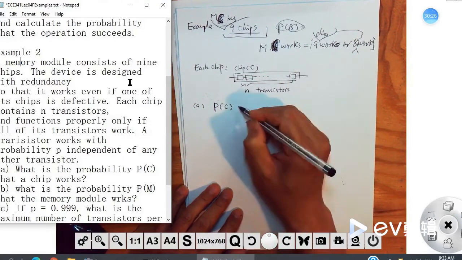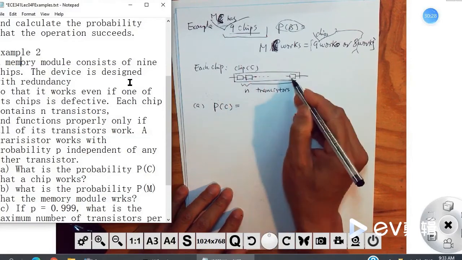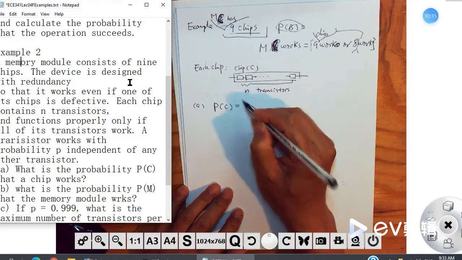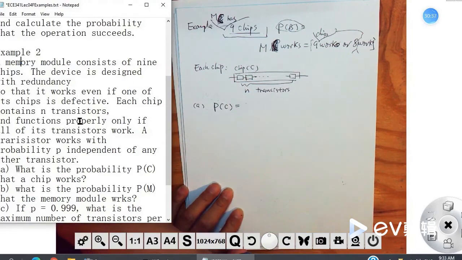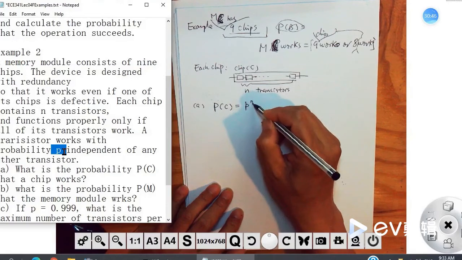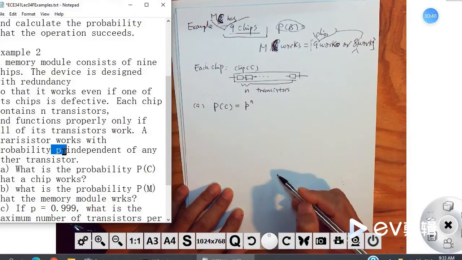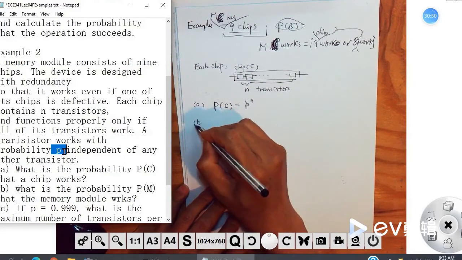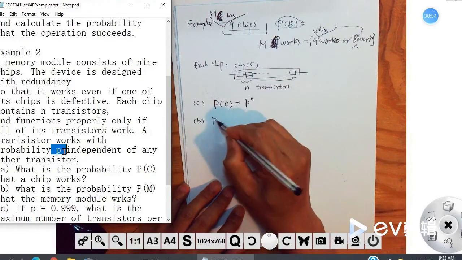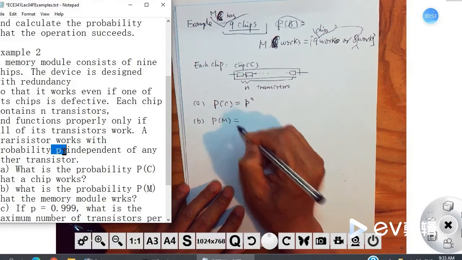So C works equal to all of them work, and each works with probability P, where the transistors each work with probability P. So this is P to the n, right? And for M, what is the probability PM? We have 2 cases.